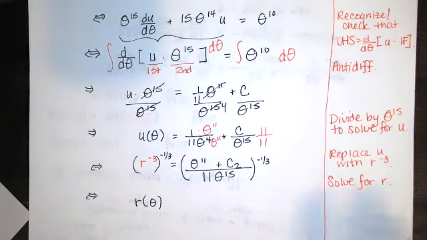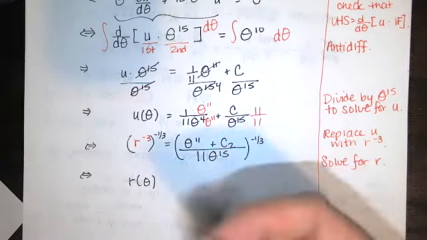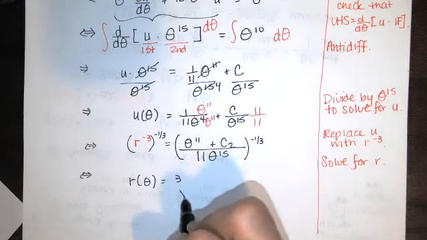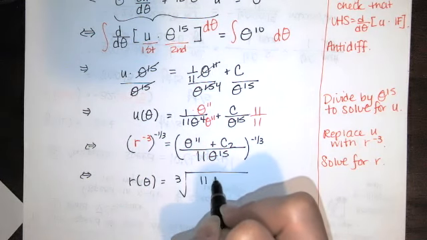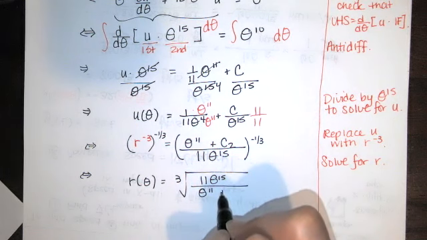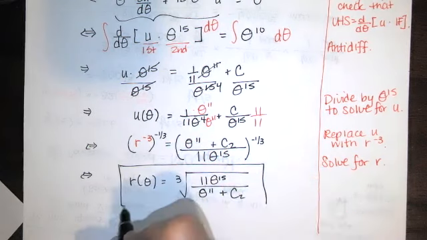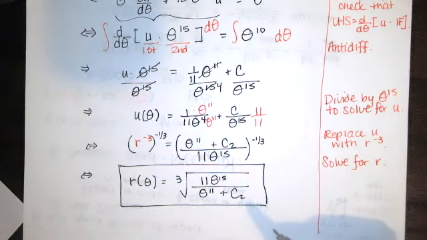R of theta on the left-hand side equals this to the -1/3 power, or you can flip it and raise it to the 1/3. That's the same thing. And that's probably how I would write it.